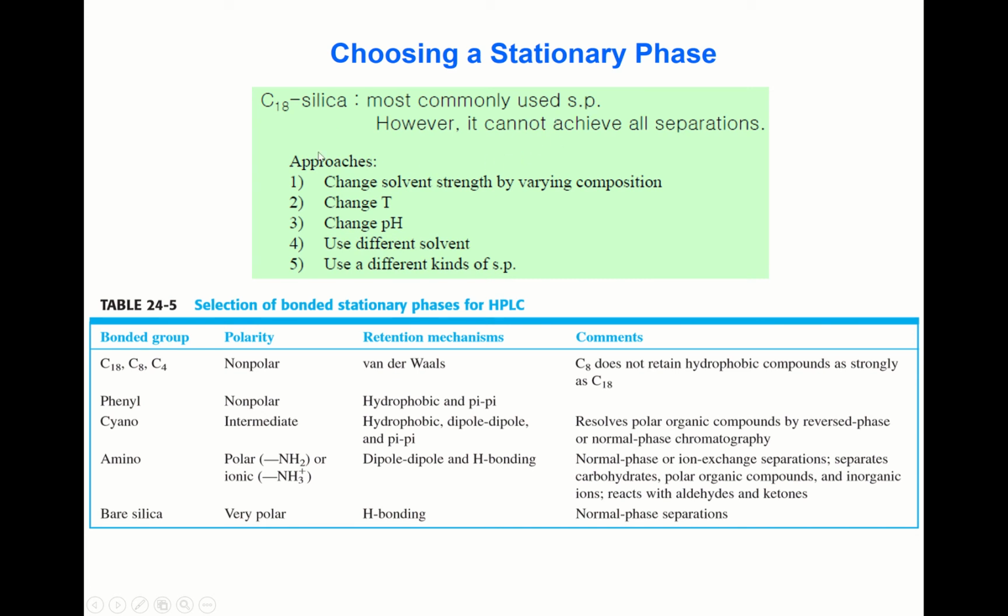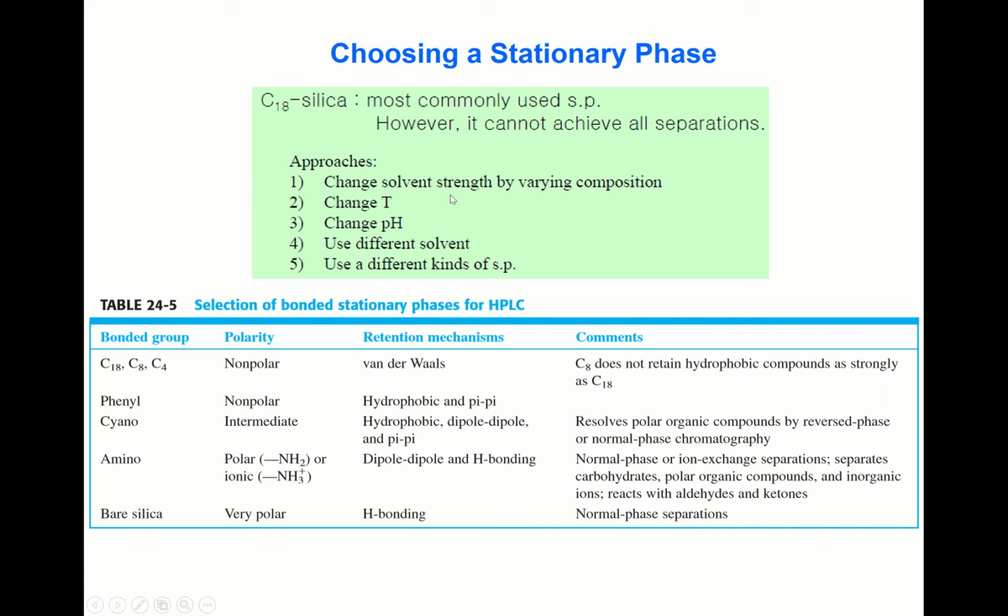This is actually very good. The bonded phase, octadecyl group, is very good, but however, it cannot achieve all separations. In that case, you have to decide which stationary phase to choose. Here are some guidelines.